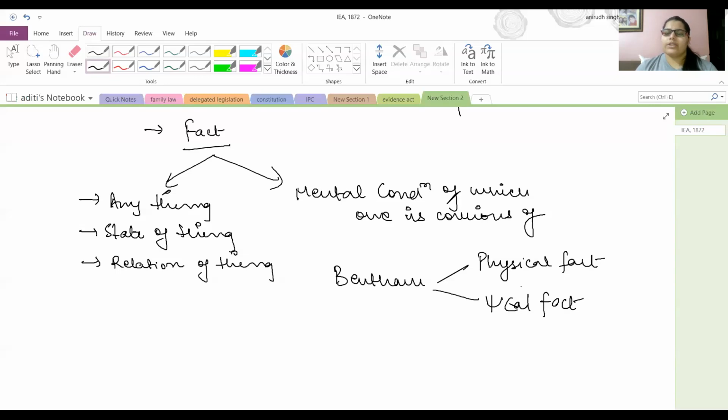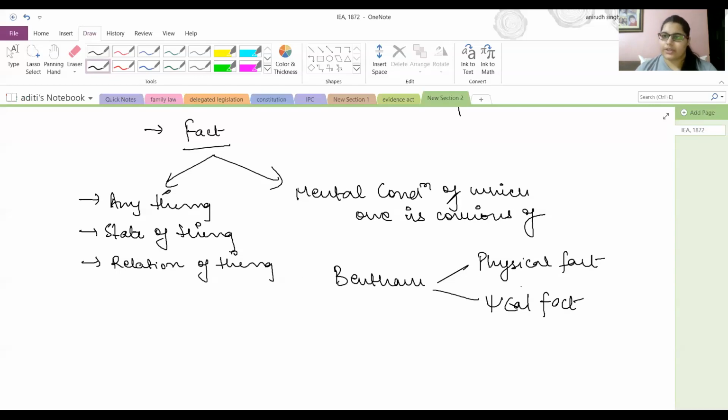Also under psychological fact, for example, a person's reputation. We all know what reputation means. Reputation means the image that the people of the society have created of a person and not what he himself perceives himself to be. So reputation is not your perception about yourself, but rather how society looks at you, or what idea or opinion the society has formed for you.